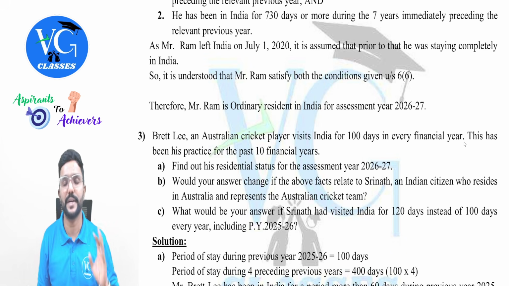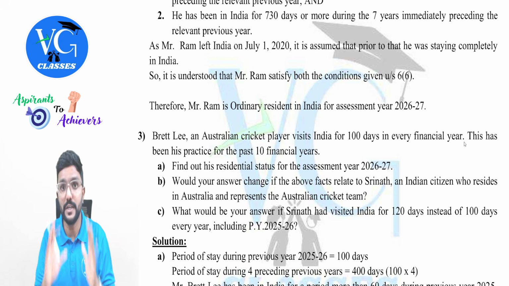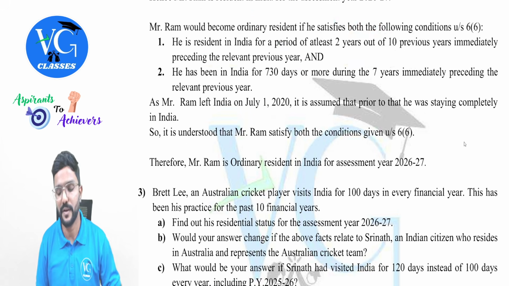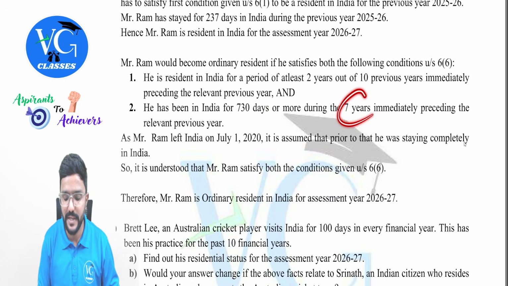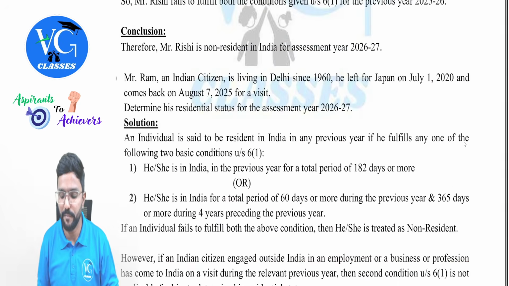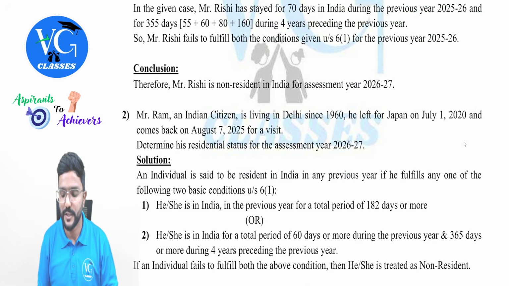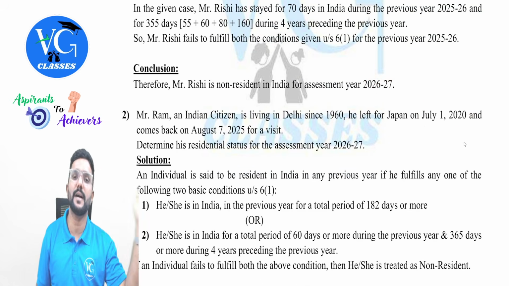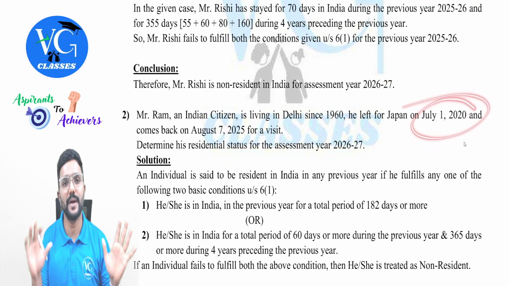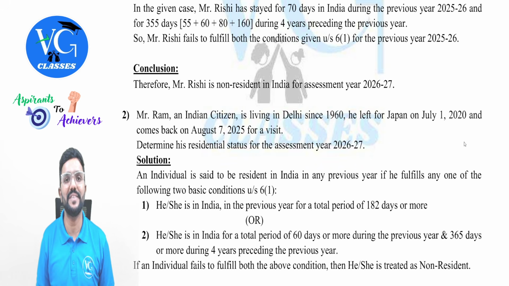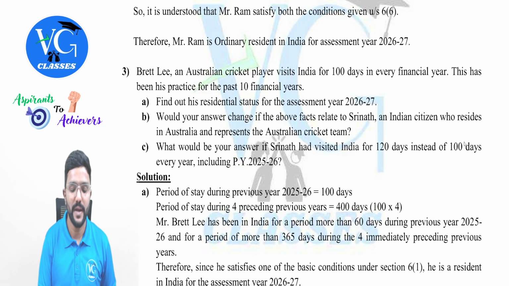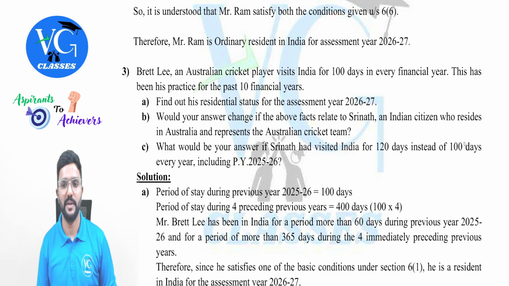So it is understood that numerically we cannot prove it. It is understood that he has satisfied both the conditions given under section 6(6), guys, because when you are counting these 7 years and 10 years, even the time period before 1st July 2020 will come. In such case, as he was in India completely before that, he would have satisfied both the conditions given under section 6(6), guys. Clear? Yes. So he is an ordinarily resident.